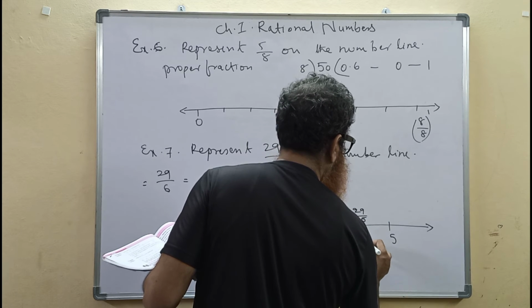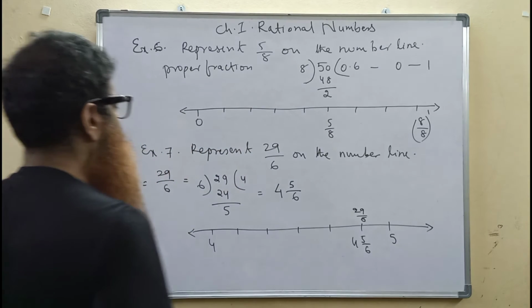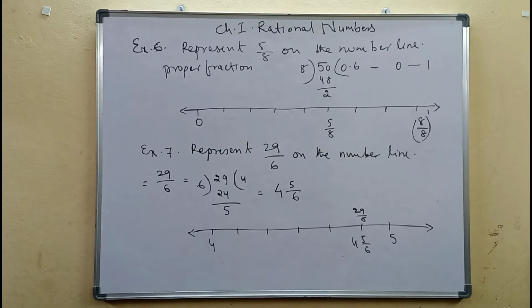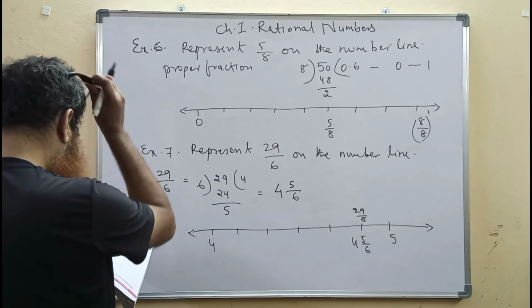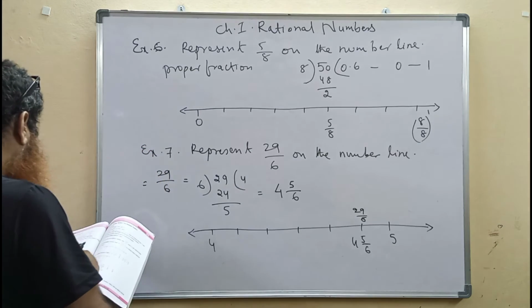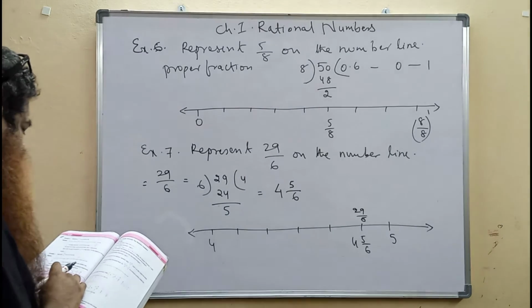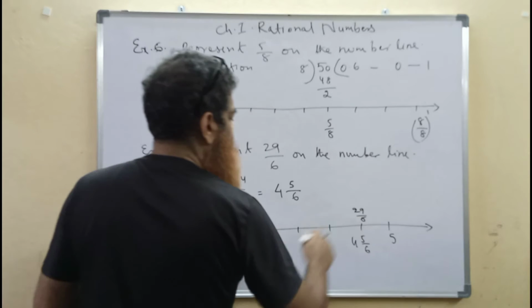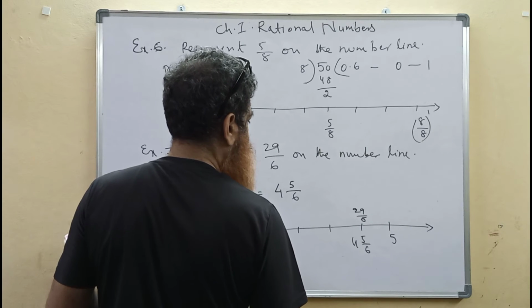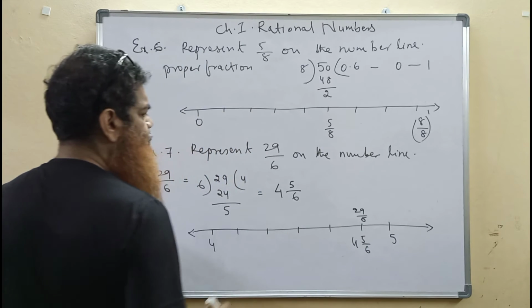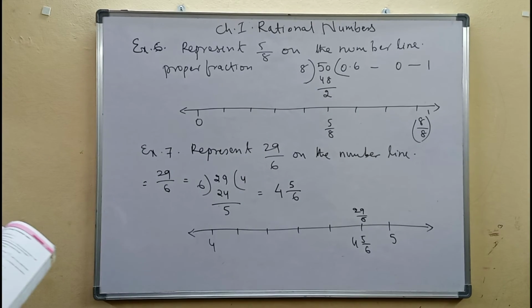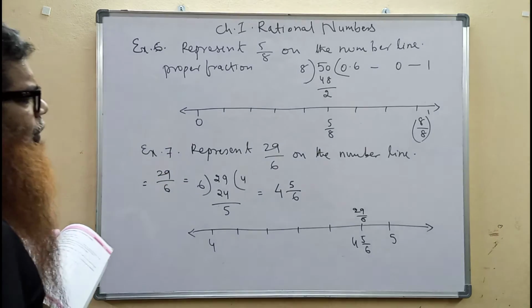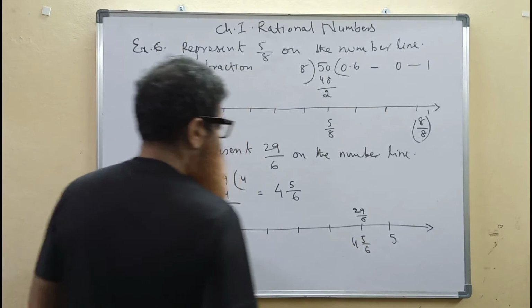This is the way we mark the point 4 5 by 6 on the number line. We divided it equally into 6 equidistant points from 4 to 5, because 6 was the denominator, and 4 5 by 6 is the number we have just before 5.